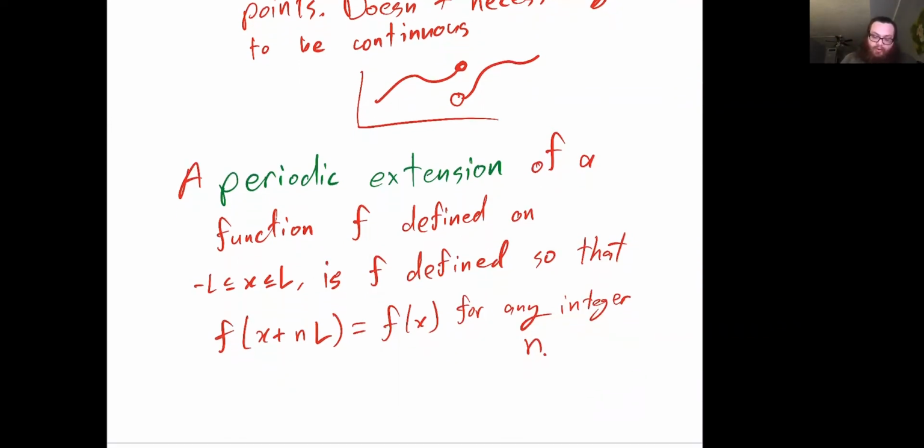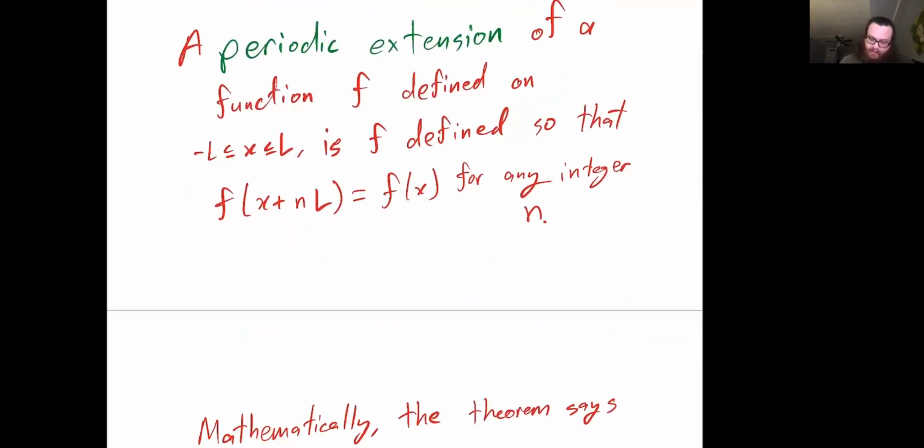So one way to formalize that is we define this new function so that if you're at a piece of the interval, maybe like n pieces over, well, what is the value over here? Just look at the corresponding value in that fundamental block. So you could think of this as take the graph of f from negative L to L, copy it over to, say, L to, in this case, 3L, then copy that over from 3L to 5L, etc.